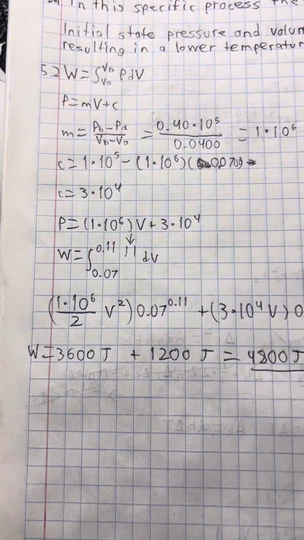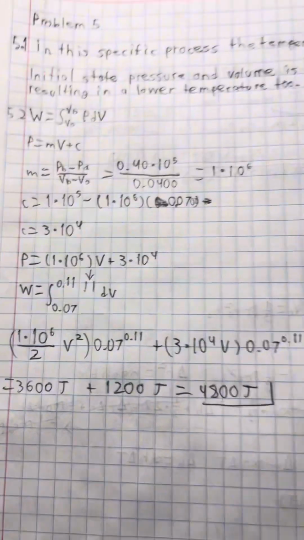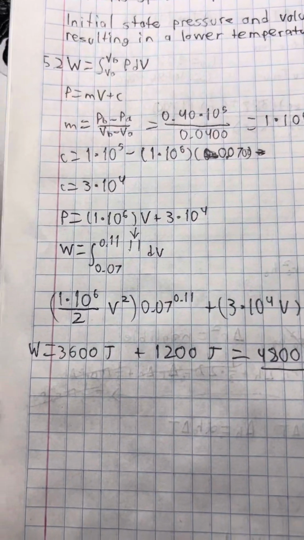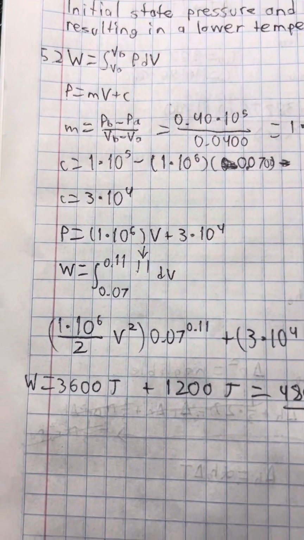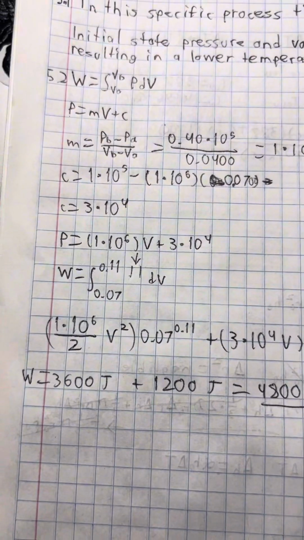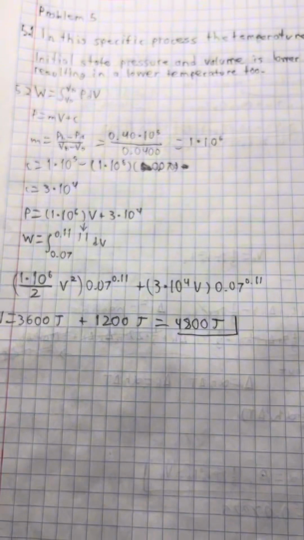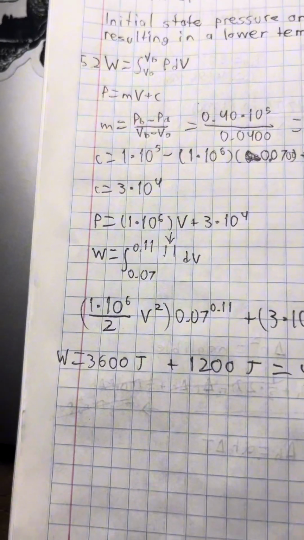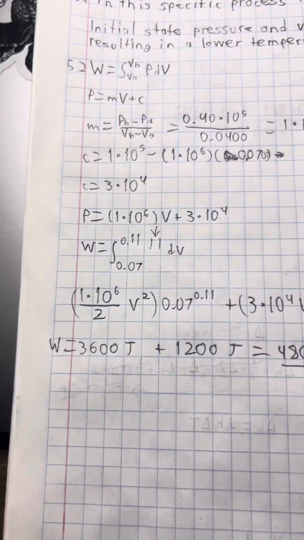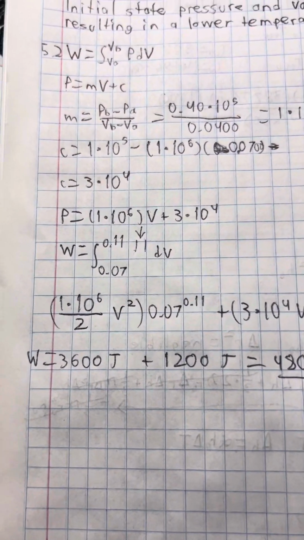To get the value for work, you just replace the values gotten from the slope and from C, and you basically get the integration from 0.07 to 0.11.